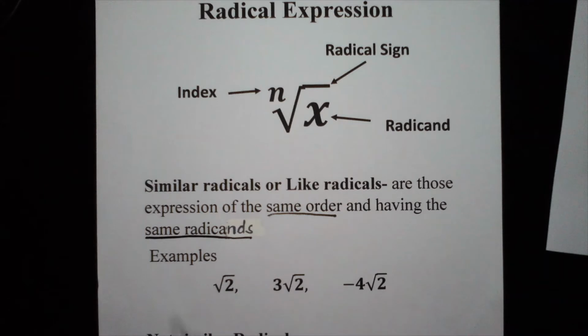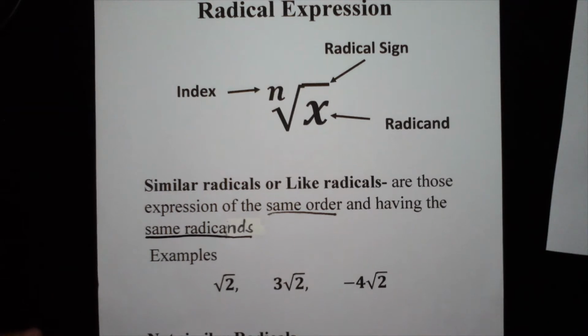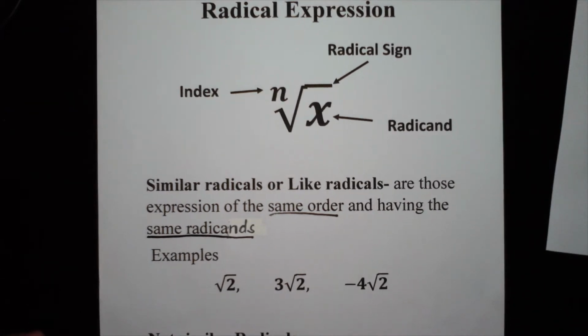Like for example here, we have square root of 2, 3 square root of 2, and negative 4 square root of 2. So let's apply the rules for similar radicals. Same order: as you can see, they are similar in order, which is square root.